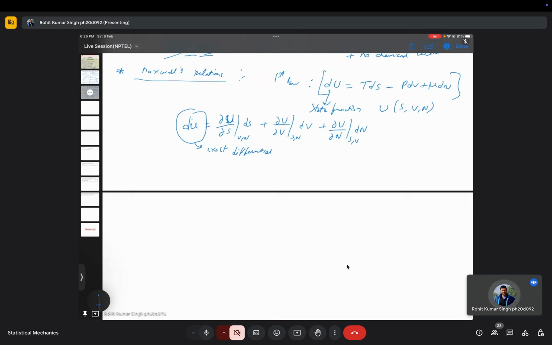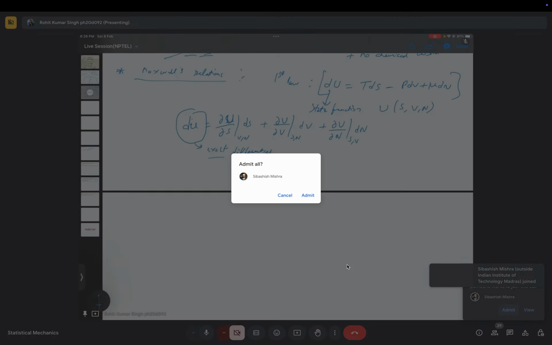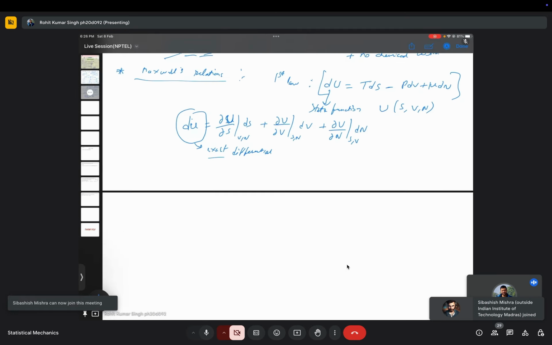So we discussed this also last time, that those functions which are exact differentials, they don't depend on the path. Okay, so this change in internal energy does not depend on the path taken by the system. So that's why it is an exact differential. And so there are some criteria for an exact differential to hold.